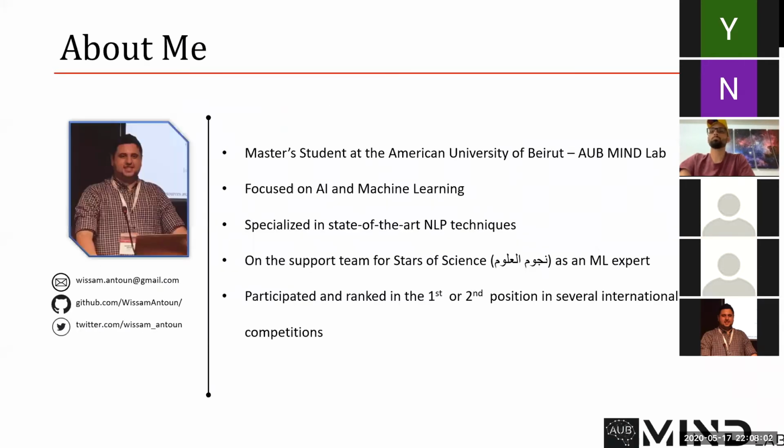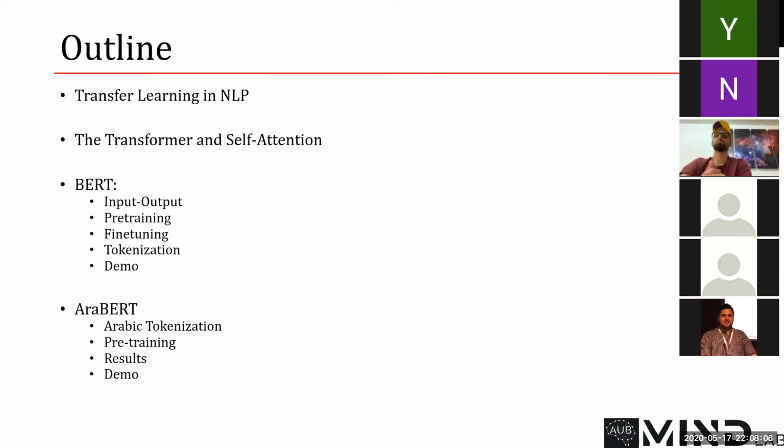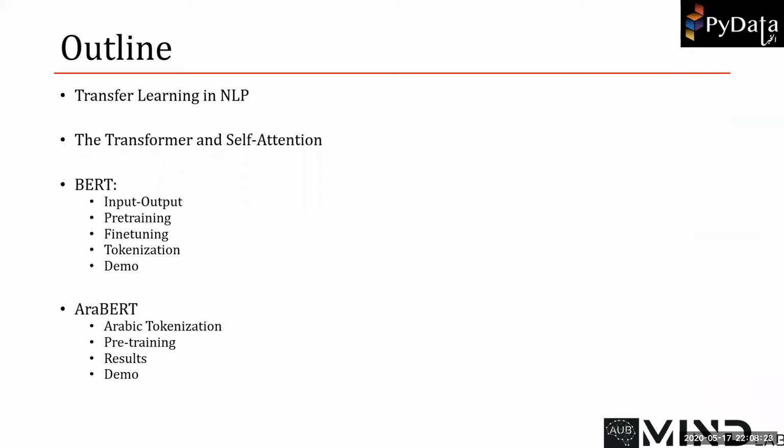Let's skip about me because Noura did a great introduction. The outline for today is I'm going to be explaining a bit about transfer learning in NLP and how it is applied in NLP in general. And then I will introduce in a simple way the transformer and the self-attention architecture, which are necessary to understand the BERT model and how BERT understands language in general.